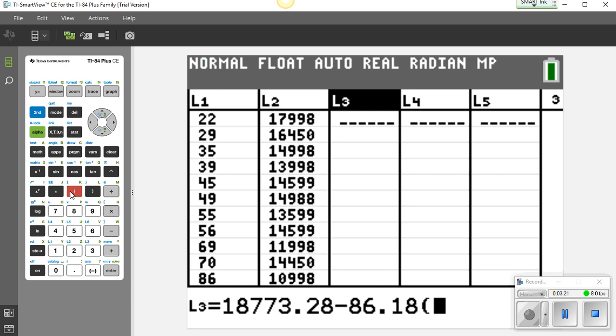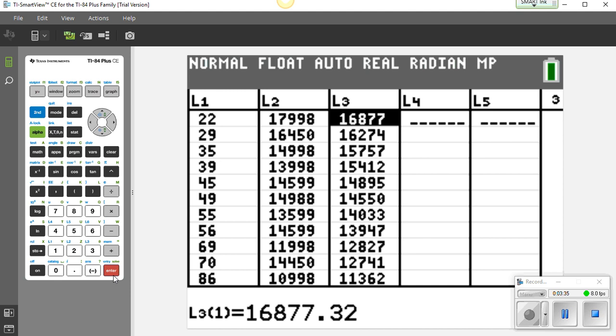Well, times all the x's, correct? I wish there was a quick way we could get all the x's. L1. Oh, it's L1. So notice I can press second 1, and notice that's L1, right? You guys see that? And if I press enter, boom.